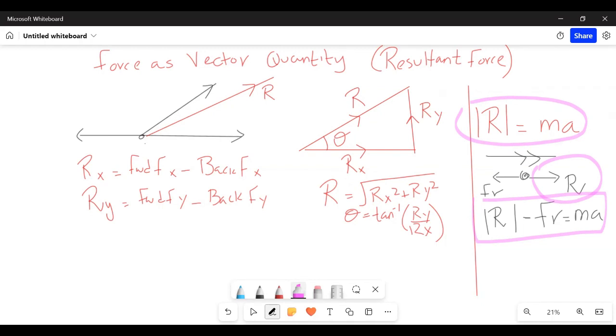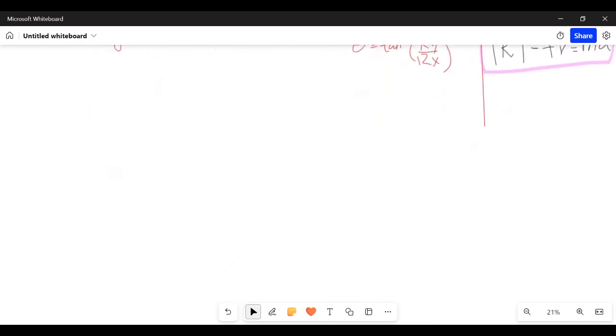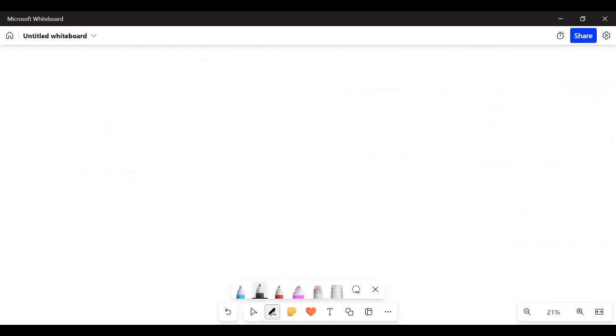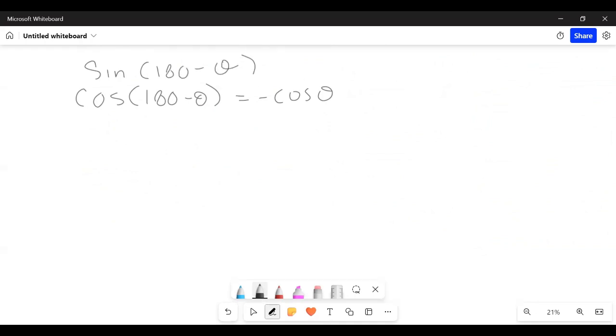Apart from this, you need to know these trigonometric identities. You need to know that cos(180 minus theta) equals minus cos theta. Sine(180 minus theta) equals sine theta.